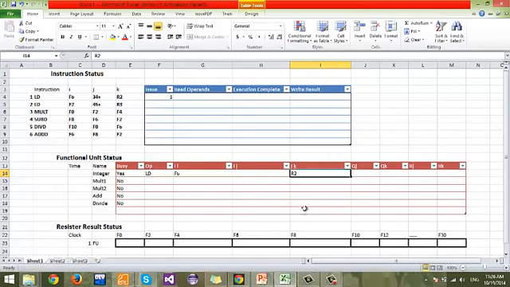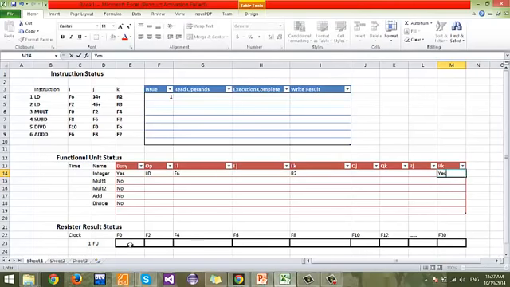No. R2 is not dependent on any functional unit. So these fields will remain blank. Rj: is Fj ready? We don't have Fj, so we need not worry about Rj. Rk is for Fk. That means, is R2 ready? Yes, R2 is ready.